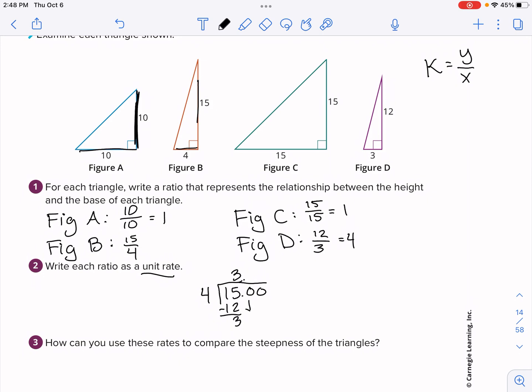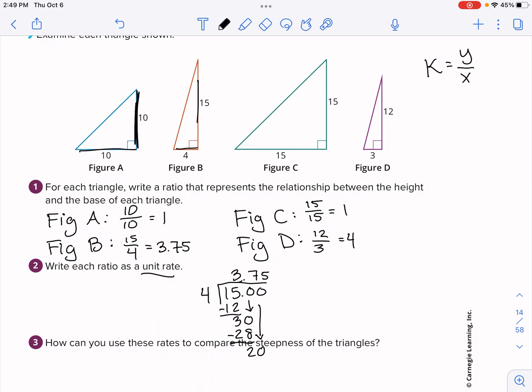Let's bring down, it looks like it will go to the hundredths place. 4 can go into 30, right? You can skip count by 4: 4, 8, 12. It will go into it 7 times. 4 times 7 is 28. I'm going to have to go into this extra space here. 30 minus 28 is 2. And it looks like we can finish this up by bringing down the 0. 4 can go into 20 exactly 5 times. So figure B, although we had to do some work here, is 3 and 75 hundredths, 3.75.